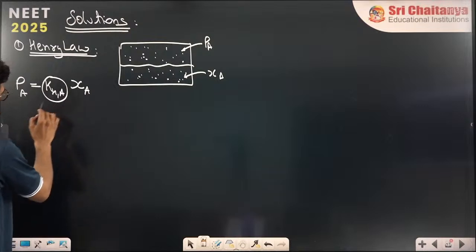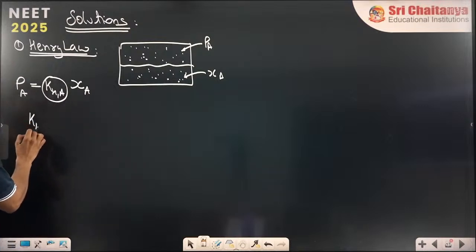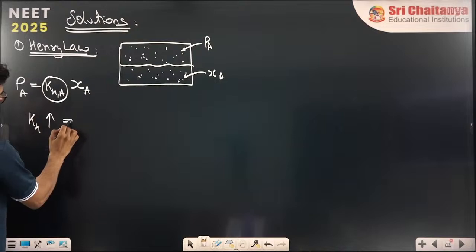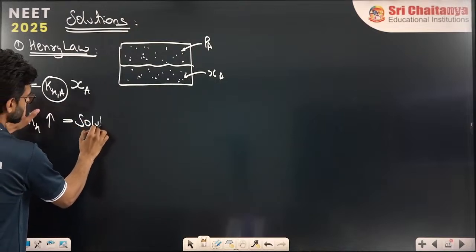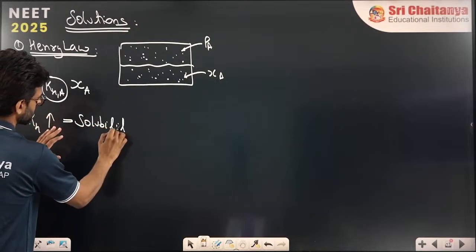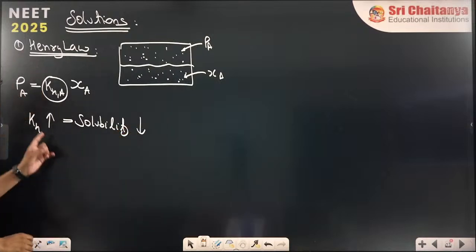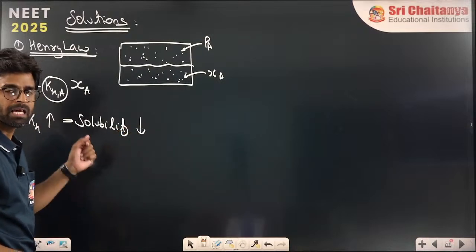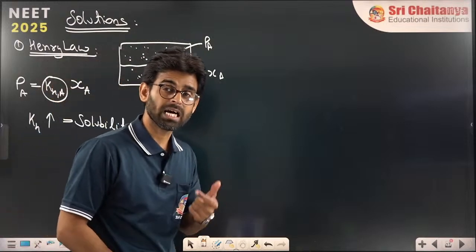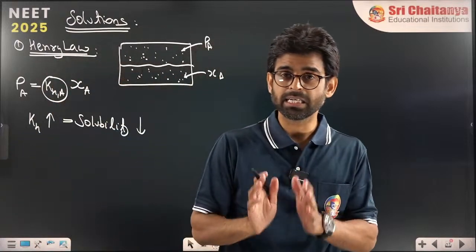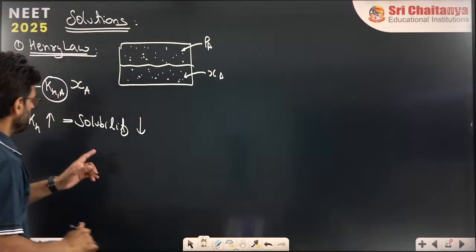This is the Henry constant. If the Henry constant of a gas is high at a given constant pressure, then the solubility of the gas becomes less. It was last year's question. They gave three gases with their KH values and asked about their solubility. The higher the KH value, the lesser the solubility.